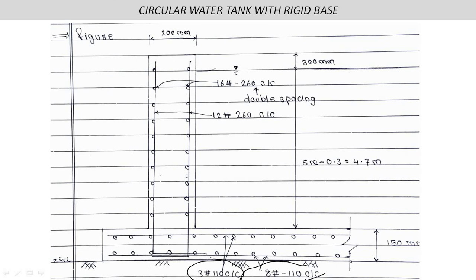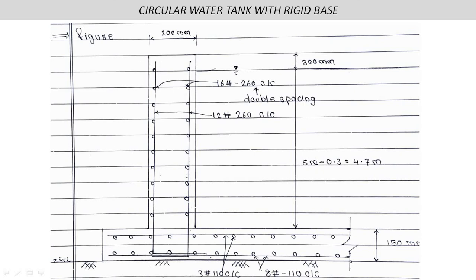Now moving on to the vertical portion. The dotted bars are the main reinforcement, and the vertical bars you can say are supportive reinforcement, one kind of distribution bar which holds the main reinforcement.